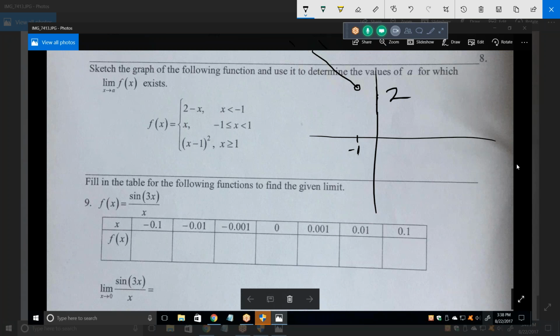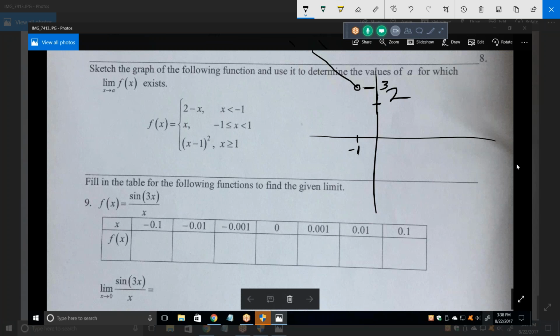What's the easy way to figure out what that point is? I know the x value is -1. No, actually, just plug it into the function. If you plug in -1, what's that f of x value? 3. Yeah. So that's really the first part of the function, and I didn't have to do it the hard way.